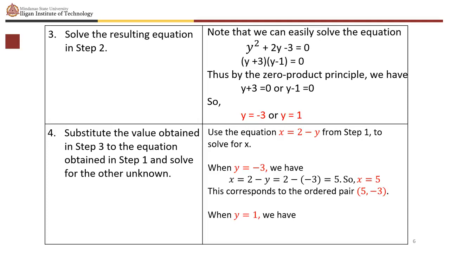When y equals 1, x equals 2 minus y, but since y is 1, you have 2 minus 1. So x is equal to 1. This corresponds to the ordered pair 1, 1.